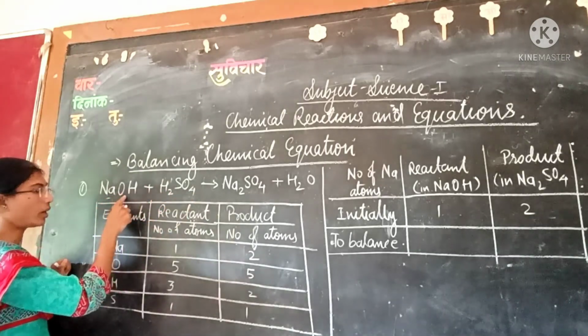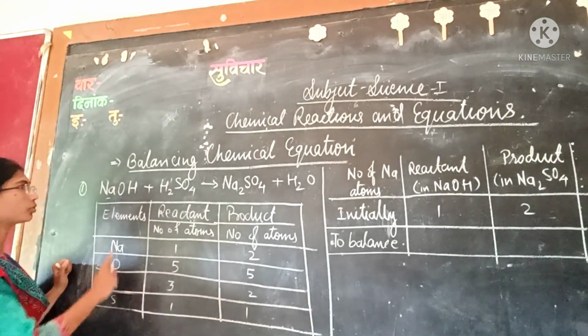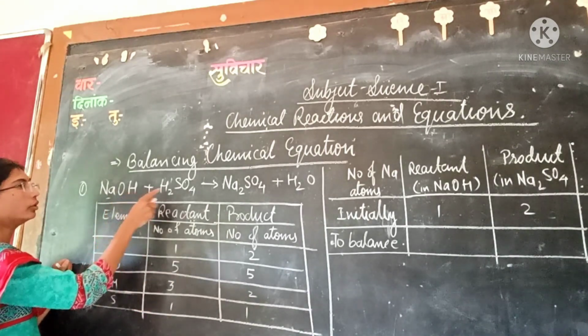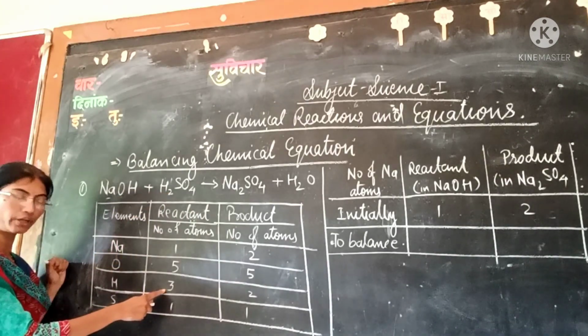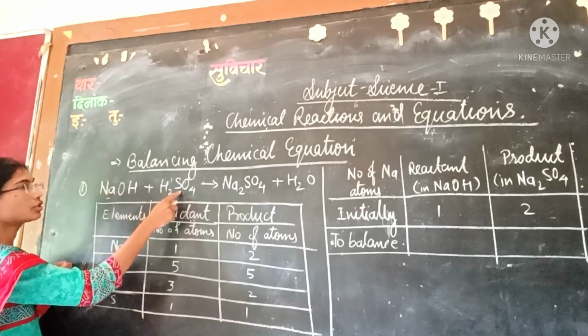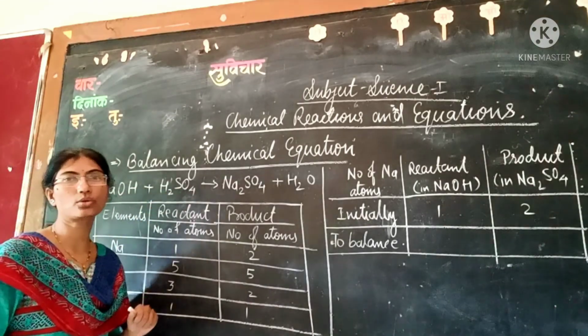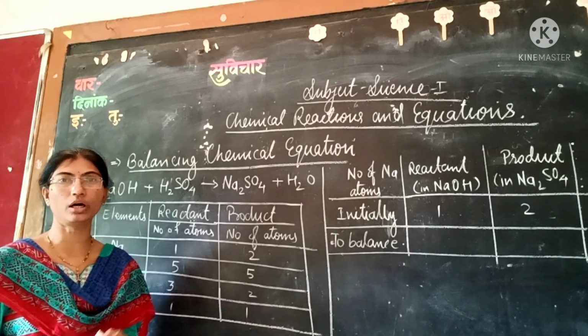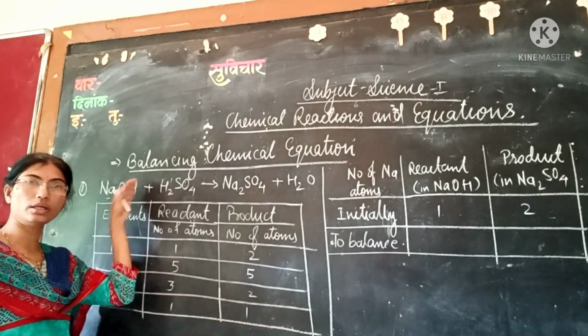So 4 plus 1, 5 atoms of oxygen. Then hydrogen, total 1, 2, 3. So there are 3 atoms of hydrogen on the left hand side. Sulfur, there is 1 atom of sulfur, so 1. In this way, we write all the atoms present on the left hand side, or the reactant side.